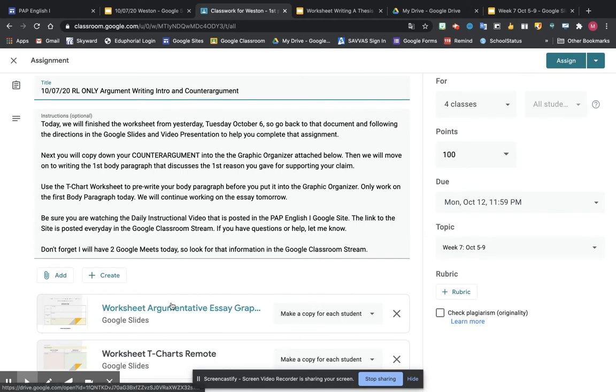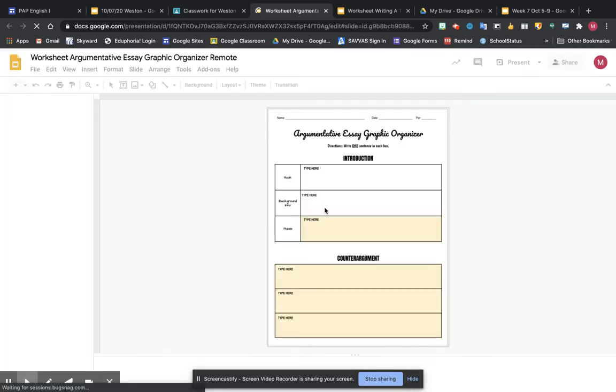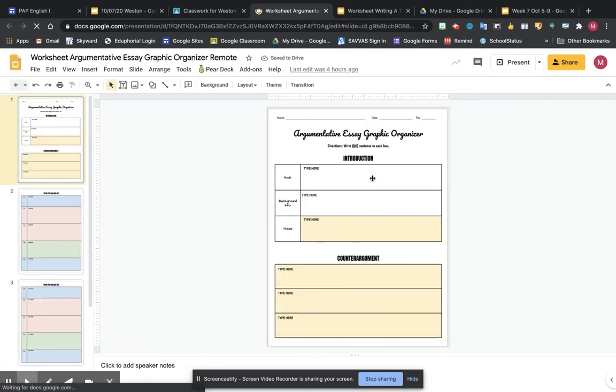Okay, so let's go to this graphic organizer. So we're not doing the introduction yet, so do not do this. We're going to be doing that on Thursday, and probably Thursday, Friday. But right now we did do the counter arguments. Let's go ahead and take that information that you just did and plug it here into the counter argument boxes.